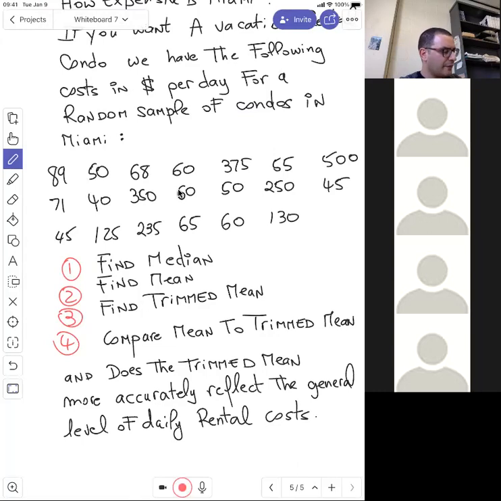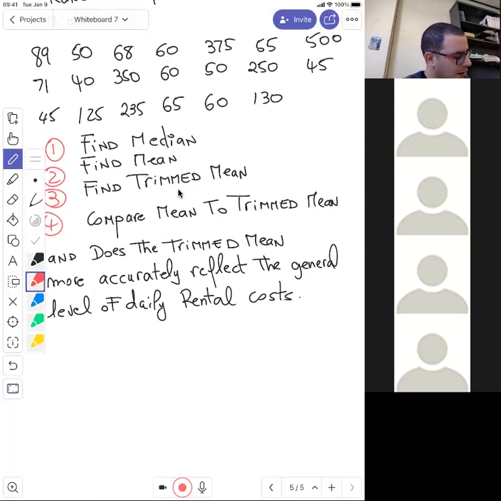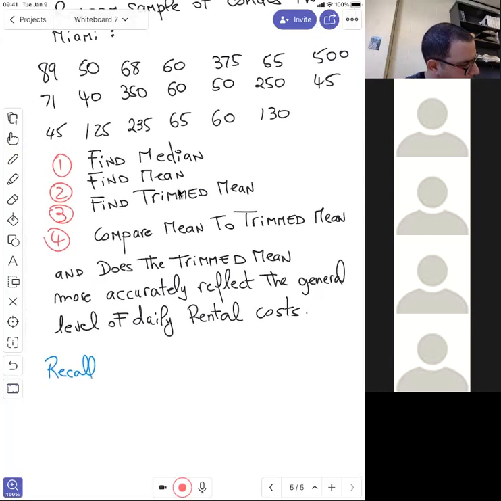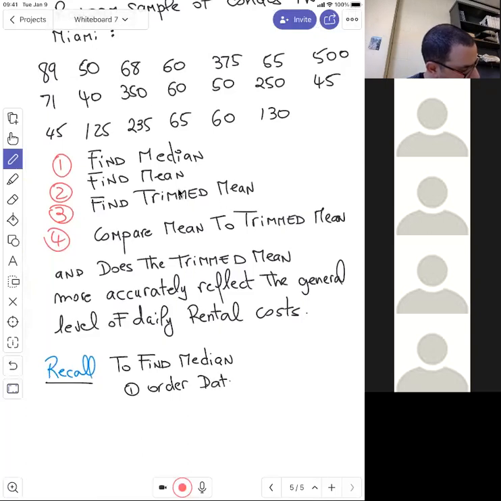Just to remind you how to find the median, in case you forgot. To find the median, the first step is you need to order the data values, and then you need to find the center or middle position.